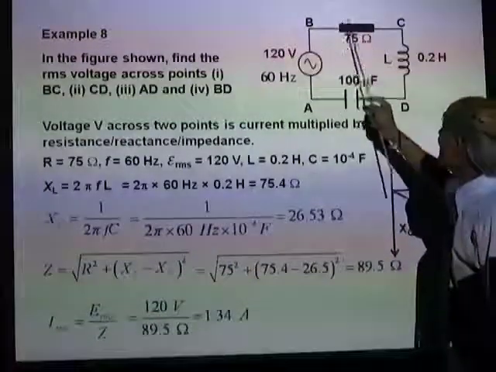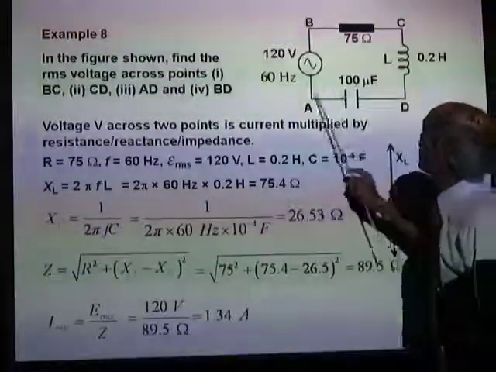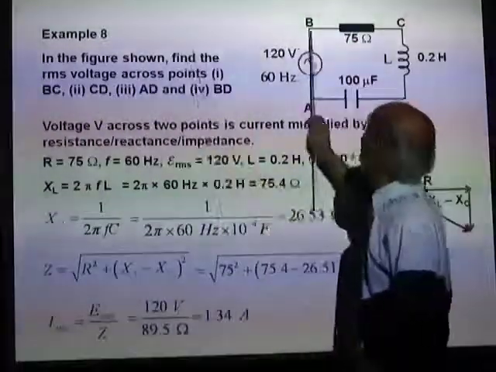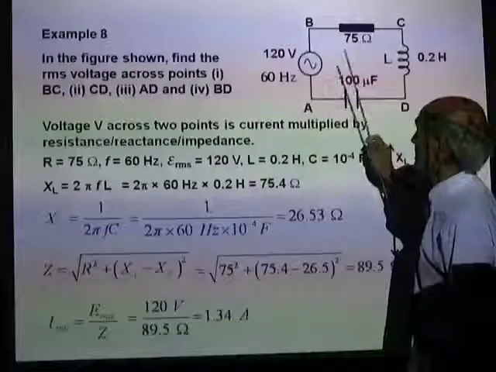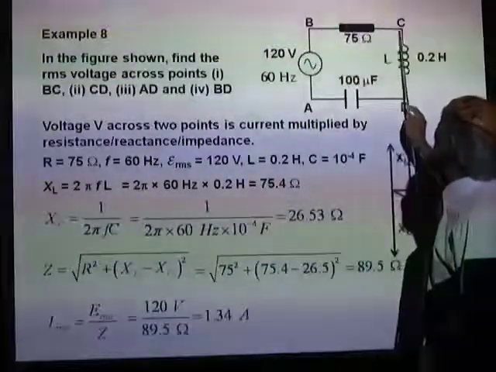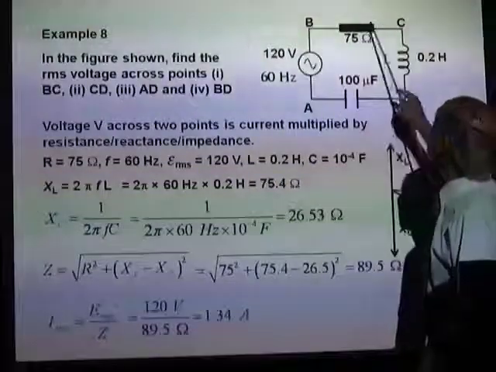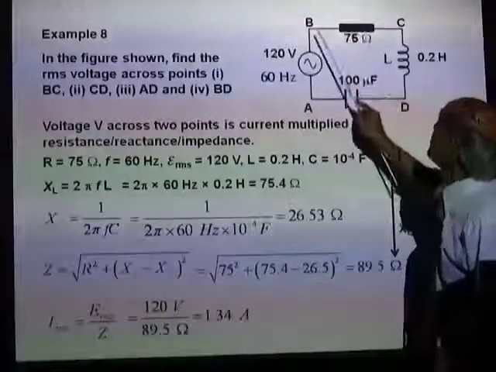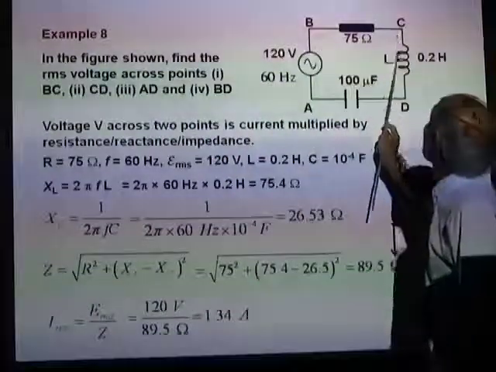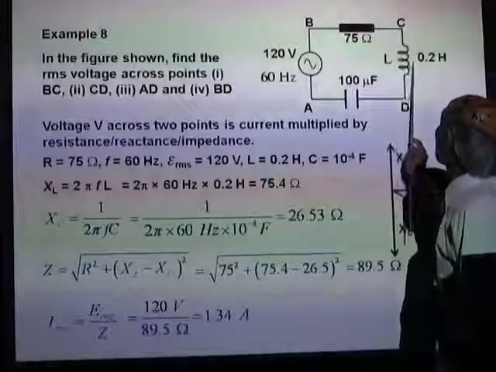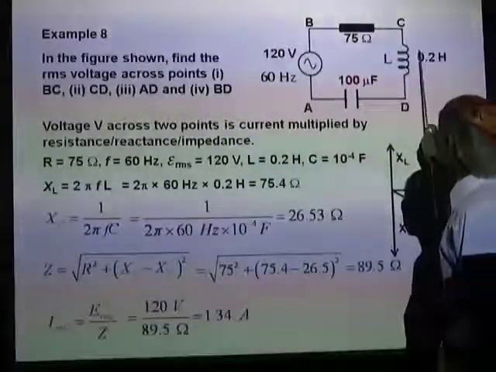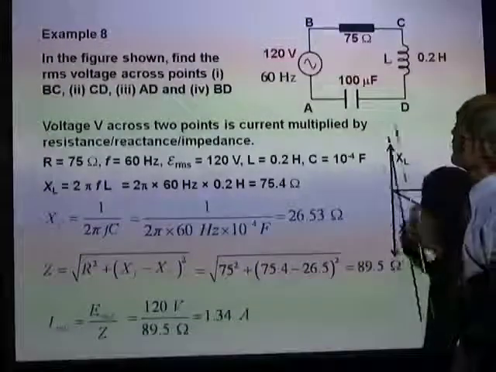We can now calculate the potential difference across any 2 points. That's what we want. We want to find the potential difference across BC. Now, potential difference across BC is the potential difference across the resistor. That will be IRMS times R. The potential difference across CD will be the potential difference across the inductor, that is IRMS times XL, the inductive reactance.